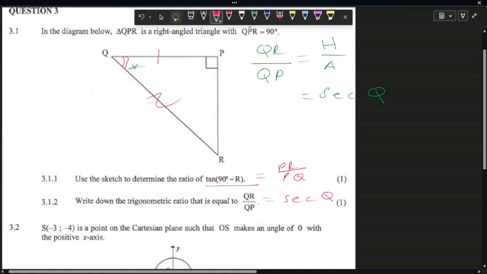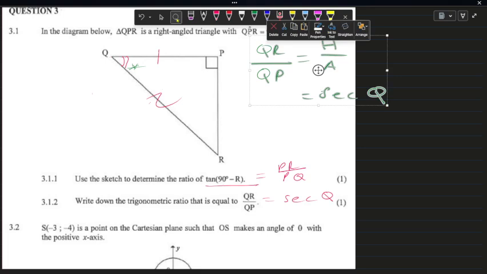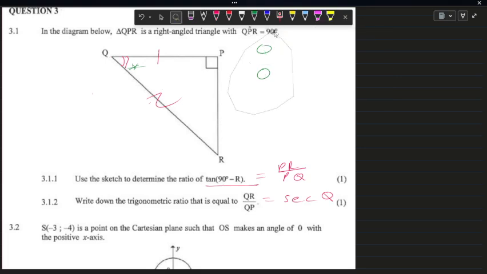So this is sec of angle Q, or we can look at this from the perspective of angle R. From angle R, QR is still the hypotenuse, and QP is the opposite side.